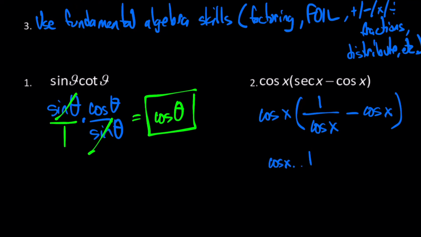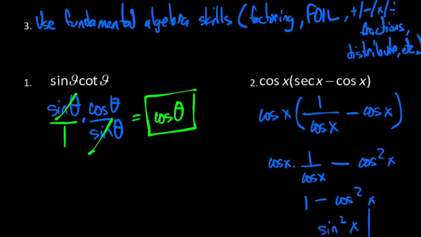Cosine x times 1 over cosine x minus cosine x times cosine x is cosine squared x. Well, now I think you can see that those cancel out. Everything cancels, so it's a 1. Remember, it's multiplication. So this becomes 1 minus cosine squared x. And then from up above, the Pythagorean identity, 1 minus cosine squared x is equivalent to sine squared x. So there's my simplified expression.